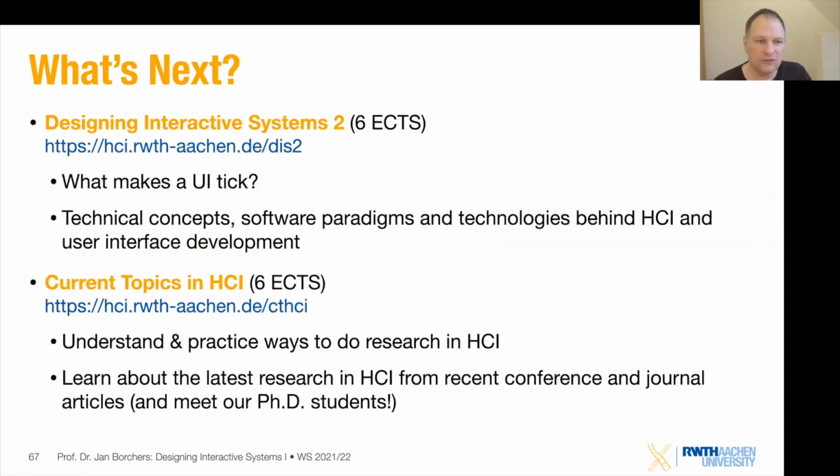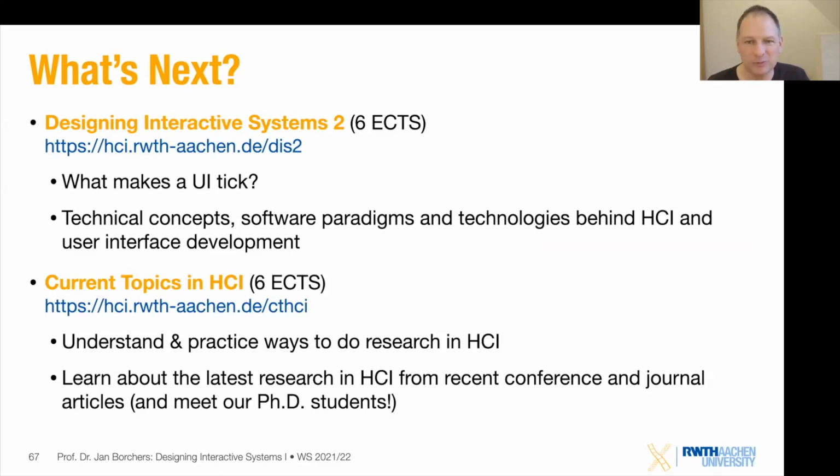What's next for you? If you found this interesting and I've been able to create sort of a curiosity about how interactive systems actually are being built, then I recommend you check out DIS2. It's a 6-credit class in summer, and this will be much more in the realms of knowledge that you are familiar with as a computer scientist.